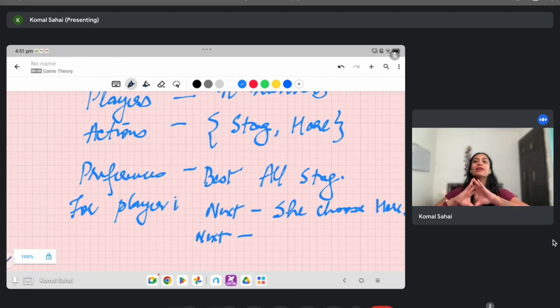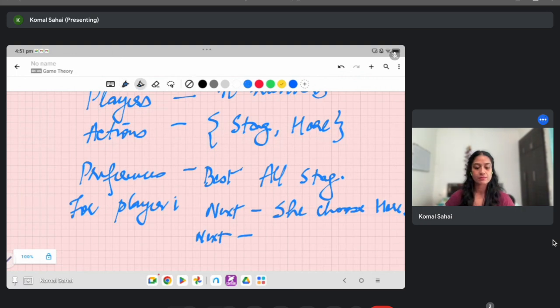So suppose there is a given strategy of other players, all right? If this given strategy is that everyone else is choosing stag, everyone else is coordinating, then my best action as player i is to also coordinate and go for stag, right? That is given by this, okay, all stag.